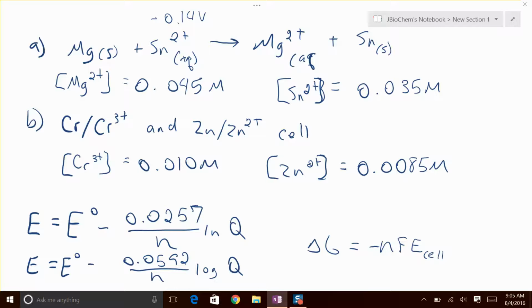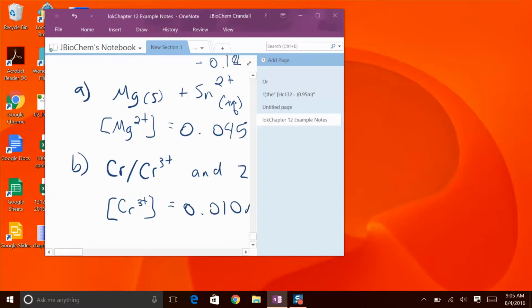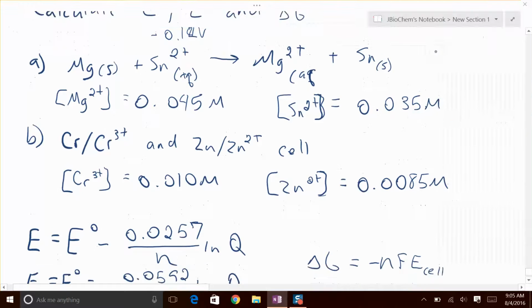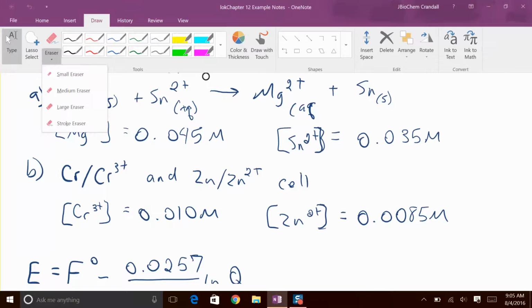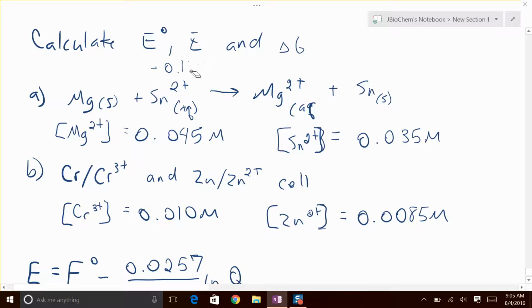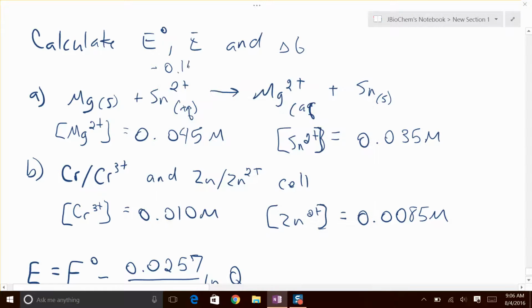Yes, you do. Products over reactants. The only difference is one unit's using E, but when you use the anti-mole, that's why I just do the laws.